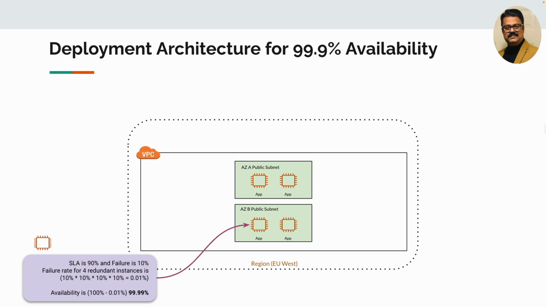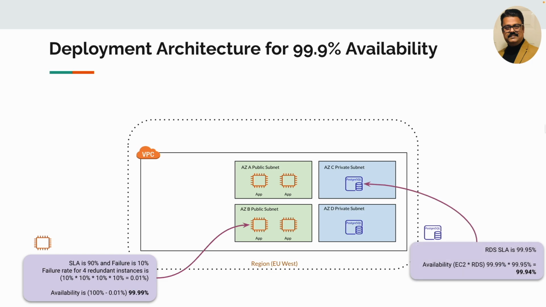Now our application needs persistence. So let's add a second component to our architecture, which is RDS, or Relational Database Service. Now we will make our database also redundant by deploying it into 2 different subnets or zones. Now the cloud provider SLA for RDS is 99.95%. This SLA is already provided by considering the multi-zone deployment. We don't need to multiply them anymore.